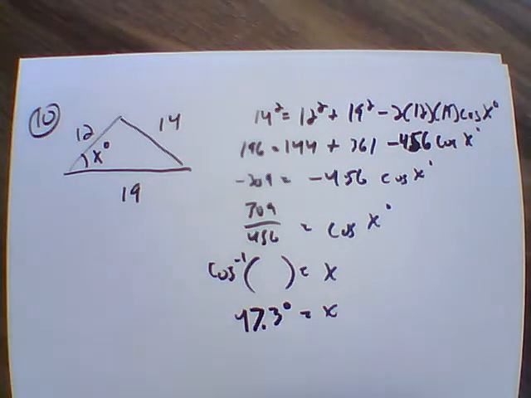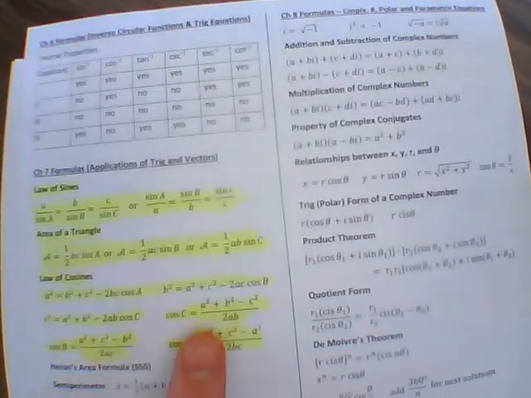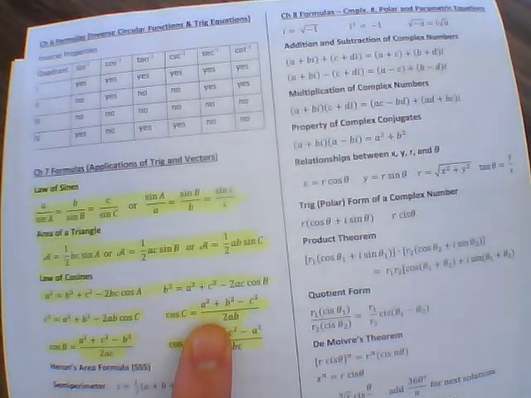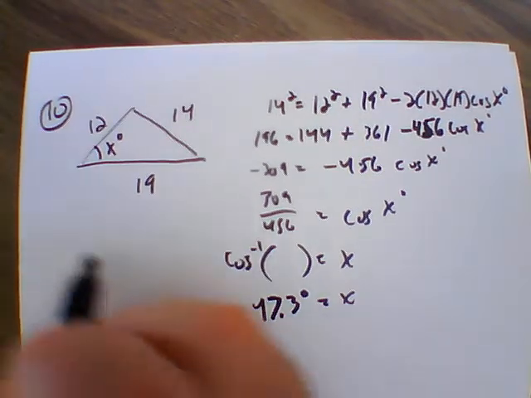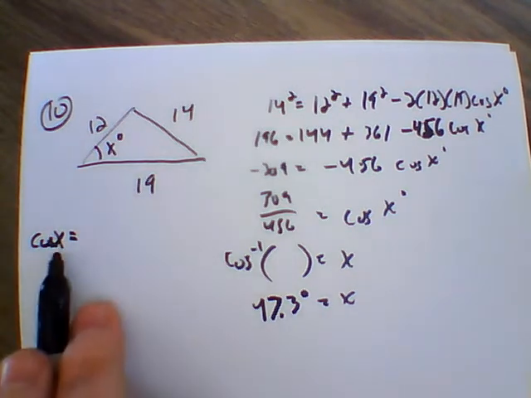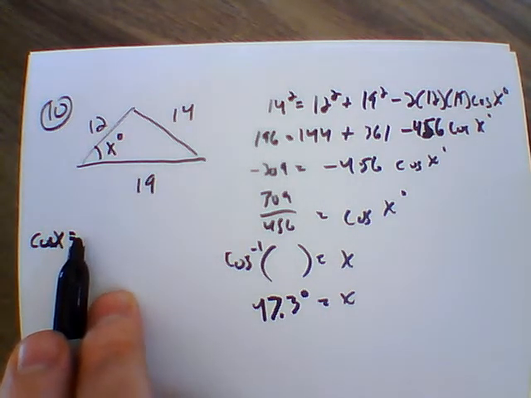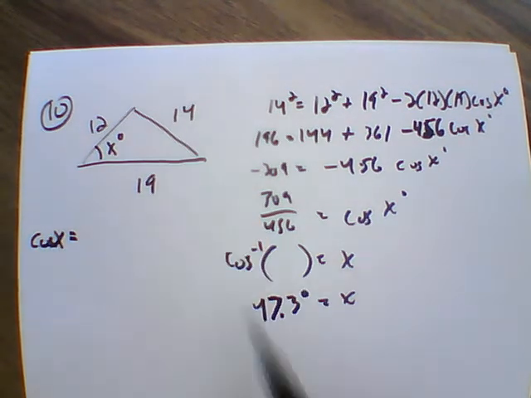Now this started with our original law of cosines. If we had wanted to, we could have used the converse of this. We could use one of these converse theorems right down here. So I'm just going to write this right here, we would be looking at cosine of x would equal. Now we would have to realize that the side opposite is 14, which is my negative one.